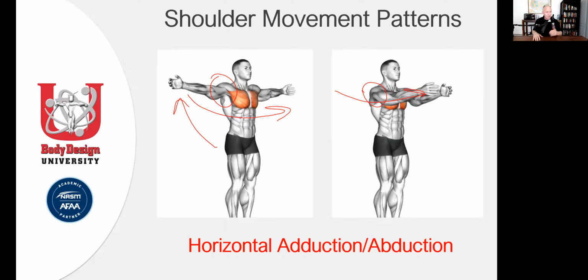Once again, I'm going to agree with you, Brad, that, yeah, I could definitely understand why you could say pulling. However, we do understand that this concept of pushing is more in line with the terminology or understanding of horizontal adduction.